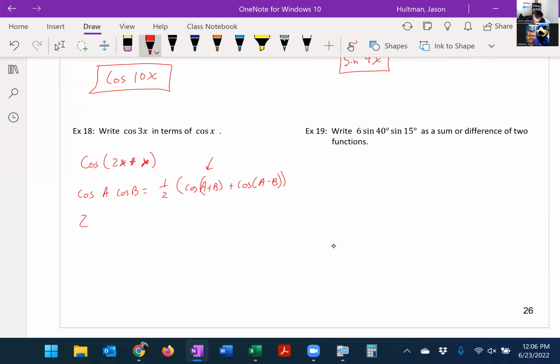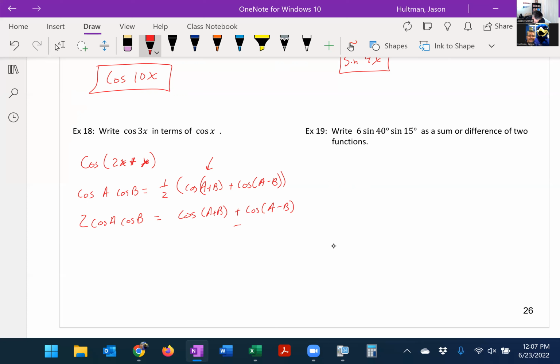So this is going to be 2 cosine A cosine B. If I multiply both sides by 2, it is equal to cosine A plus B plus cosine A minus B.